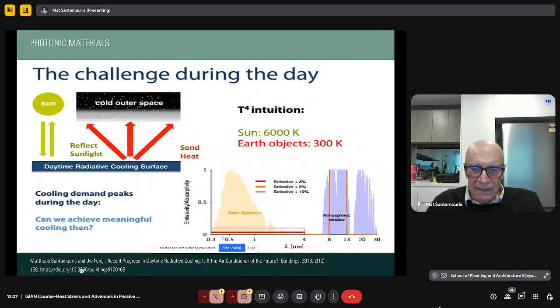So imagine that we have a material that is very reflective in the solar spectrum, does not emit here like the conventional material, but can emit here. So the whole heat which is stored in the mass of the materials is dissipated directly to space. We send the excess heat to space.